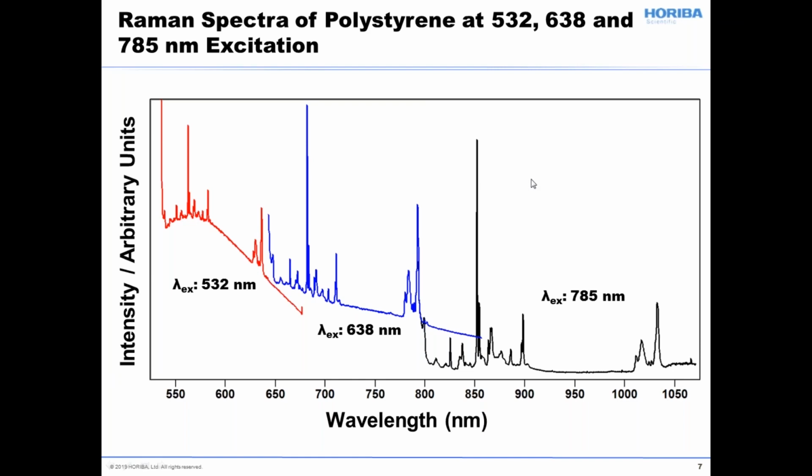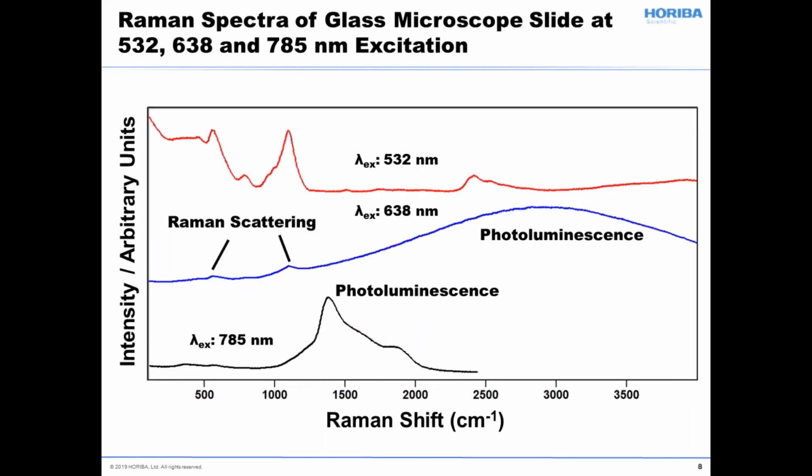And as I said, in some instances, the photoluminescence can be so strong, so overwhelming that you don't even see the Raman bands because they're buried in the noise. Therein is the basis for people needing to select different lasers or excitation wavelengths for doing Raman spectroscopy. If it weren't for the problem of fluorescence, photoluminescence, one laser wavelength would be fine.